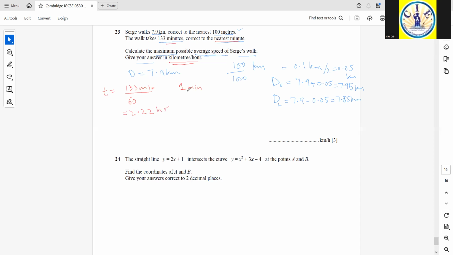For 1 minute, I need to divide it by 60, that is 0.016667, and then I need to divide it by 2 for its accuracy, that is 8.33 times 10 to the power negative 3.